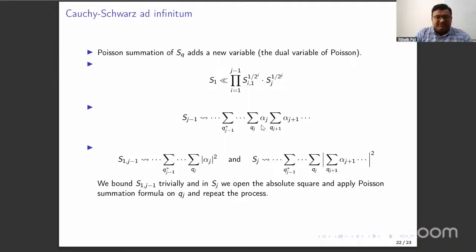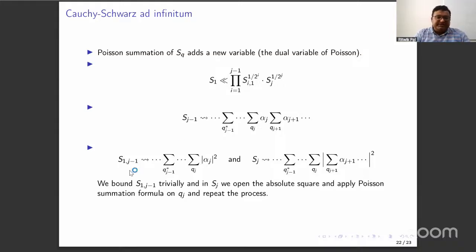So in this j minus 1, one applies the Cauchy. Everything up to qj minus 1 stays outside. Inside, for one term one takes alpha j square summation over qj, and for the other term alpha j plus 1 will be there.